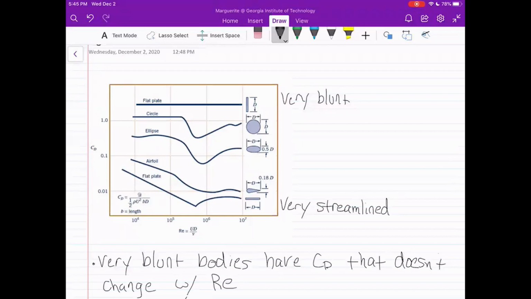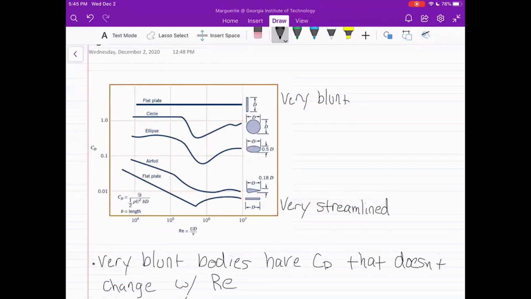So for an airfoil, for our blunt bodies, we saw a separation. For our streamlined bodies, we don't really see a separation. And so that whole pressure differential thing doesn't really apply, at least not because of separation. There's still a pressure differential, but it's not as significant because we're not separating the flow.